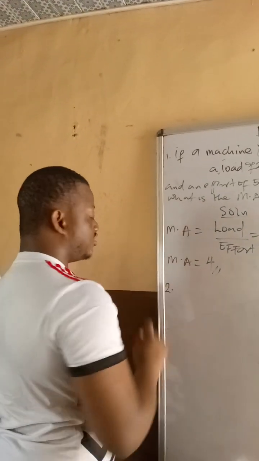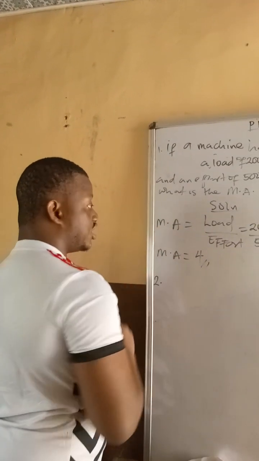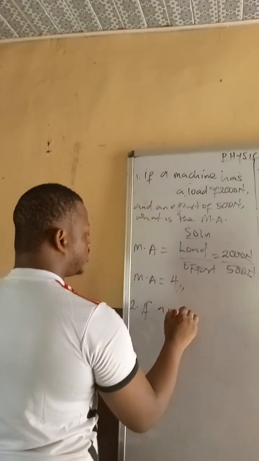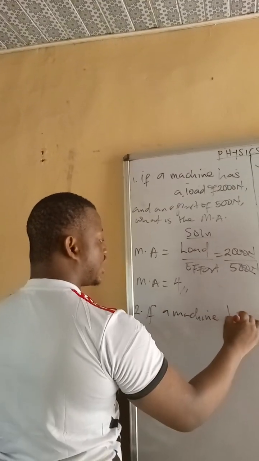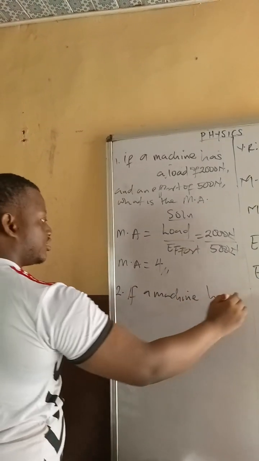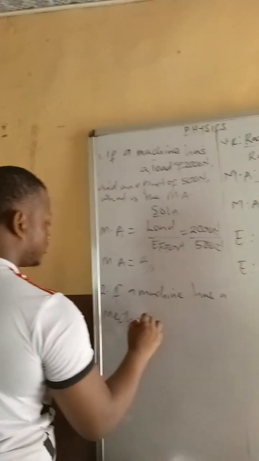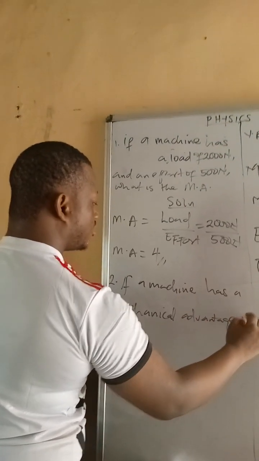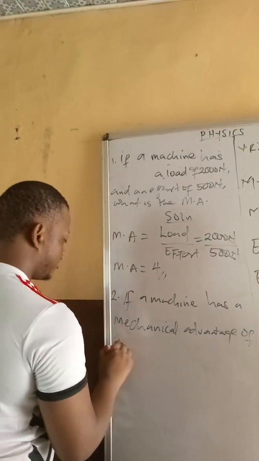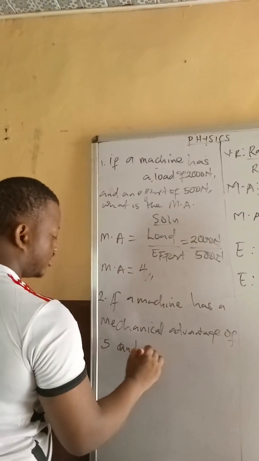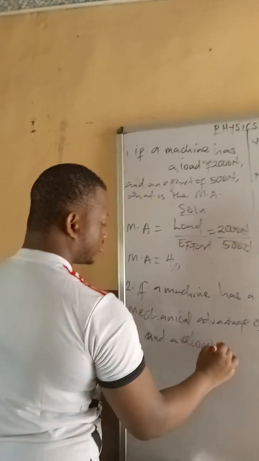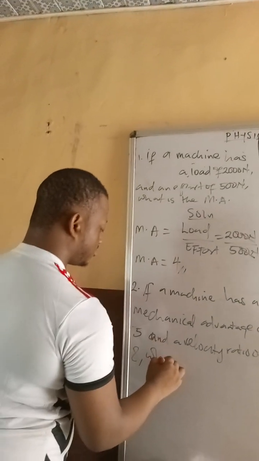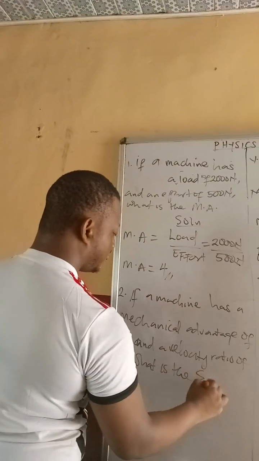Then the next one I would like to discuss is efficiency. If a machine has a mechanical advantage of 5 and a velocity ratio of 8, what is the efficiency?